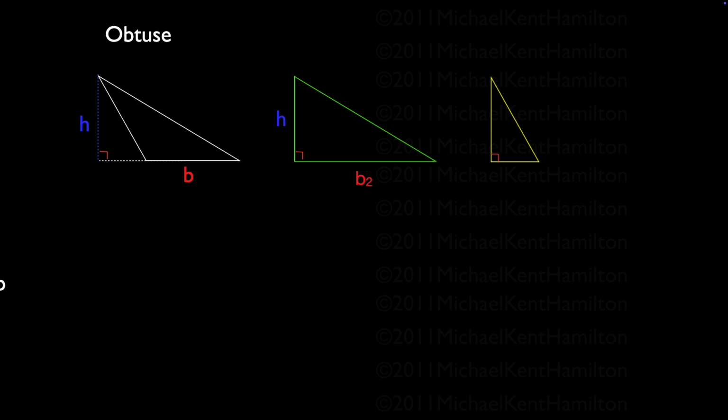Each of these will have height H and bases B2 and B1 such that the length of the base of our original triangle is equal to the difference in the lengths of our two right triangles' bases.